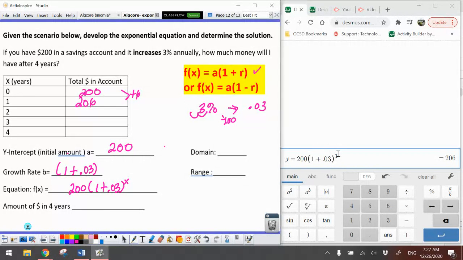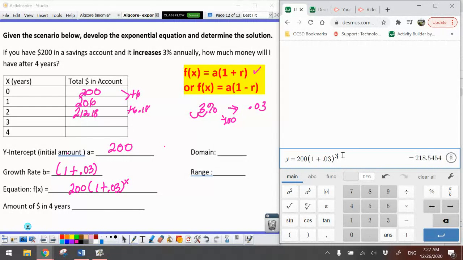Let's change that 1 to a 2. I have $212.18. So I actually got $6.18 that time. And if I change this to a 3, I'm at $218.55.